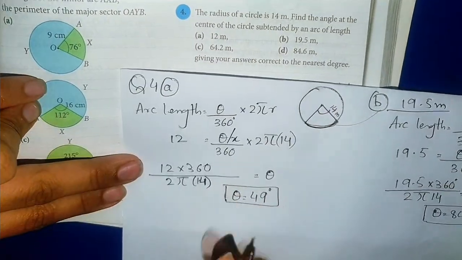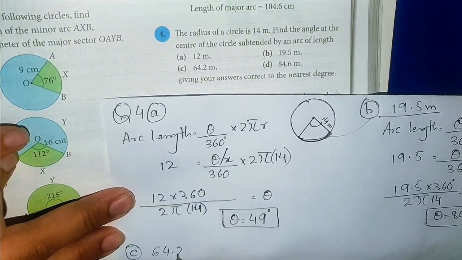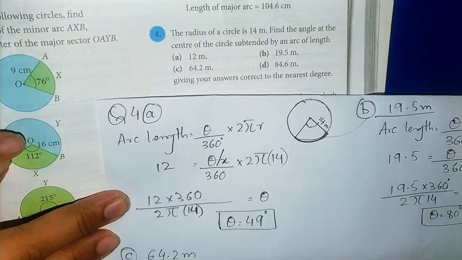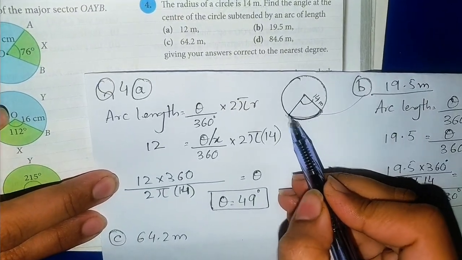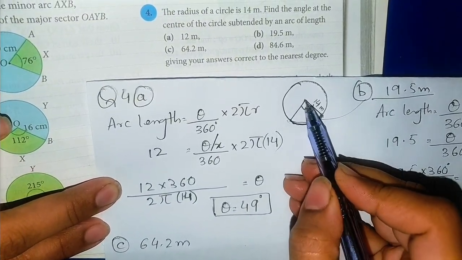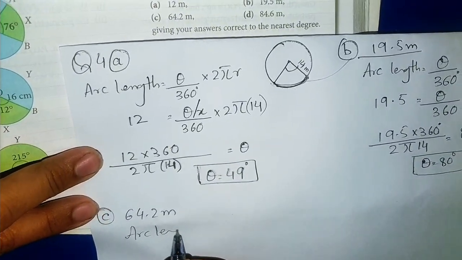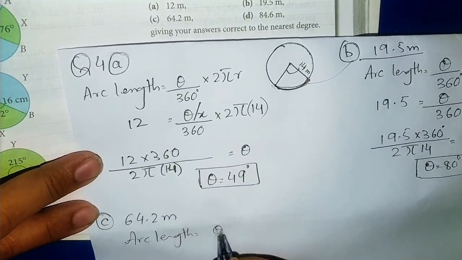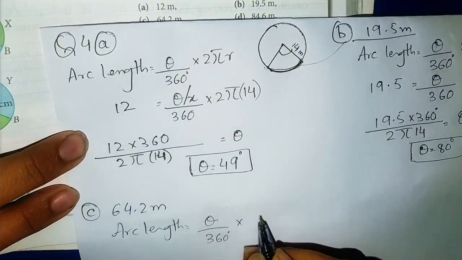Okay, now part C. Part C is 64.2 meters. See over here, now this is 64.2. The arc length is 64.2 and the radius in all the questions remains the same. Again use the same formula. Arc length is equal to theta upon 360 times 2 pi r.